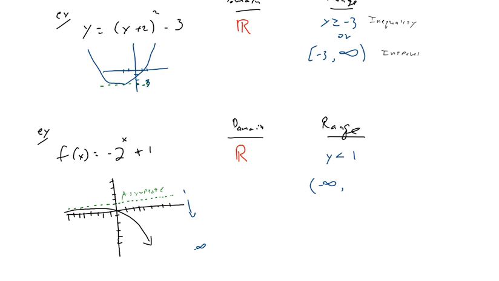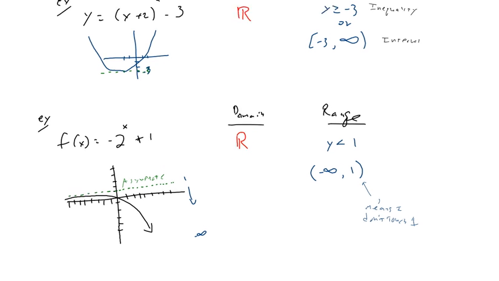Parenthesis means I don't touch 1. We don't actually reach the number. We get to a barrier that's close to the number. Starting at negative infinity, up to 1.